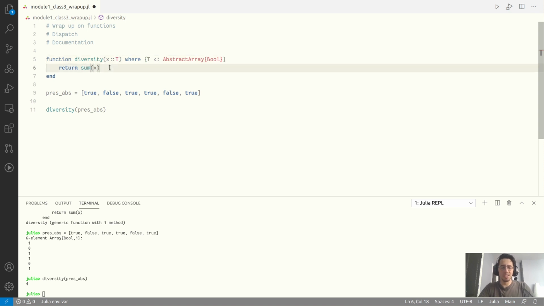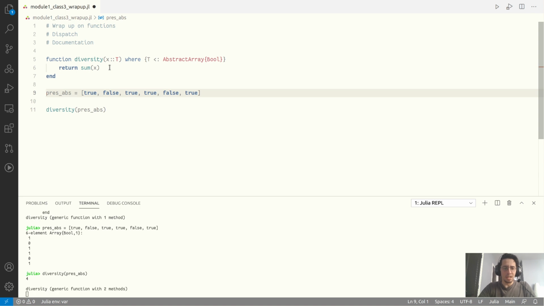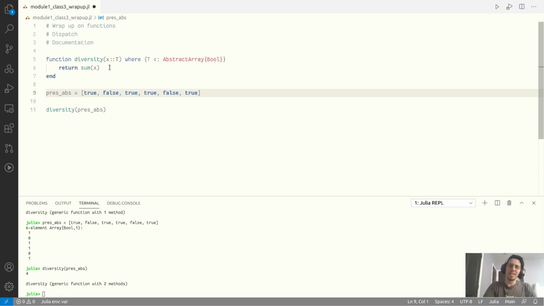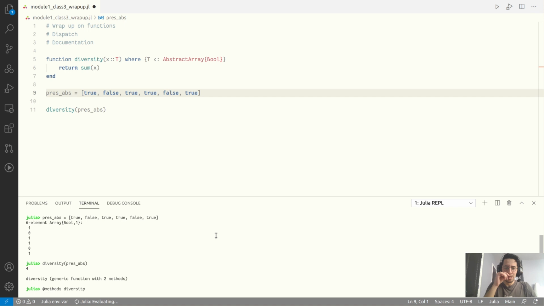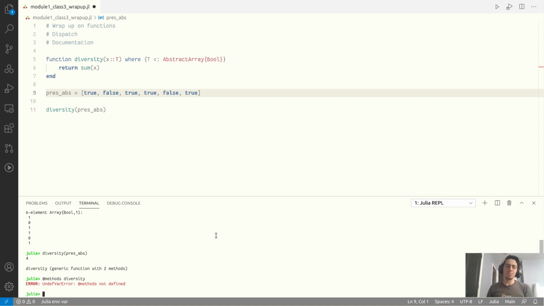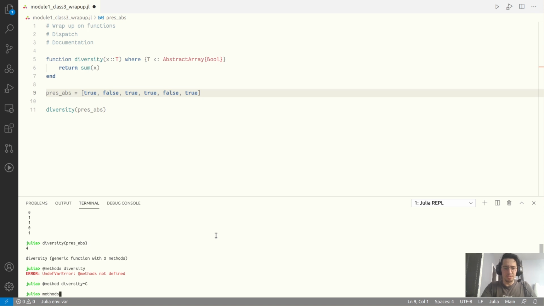So if we do this now, we can rerun this function. One thing that is interesting here is that diversity is now a generic function with two methods. Let's question why, because we could use the @methods macro. That's going to tell us that we have defined, is it functions method?